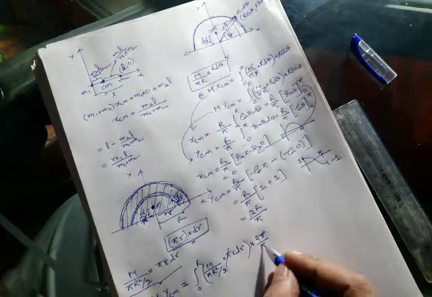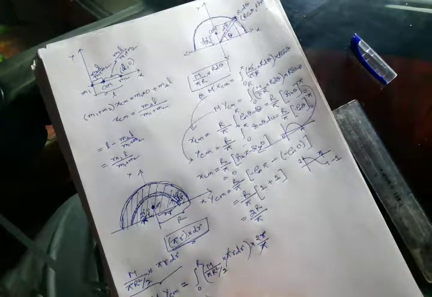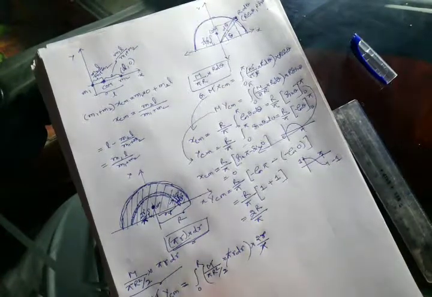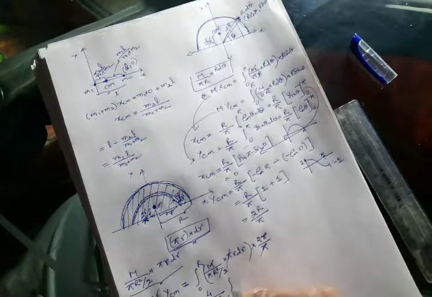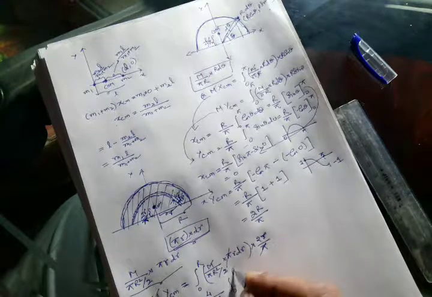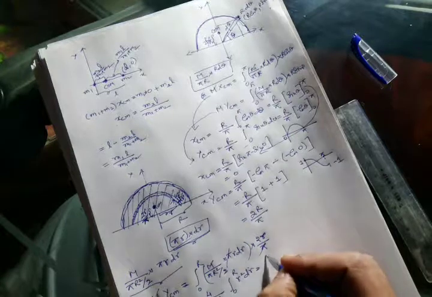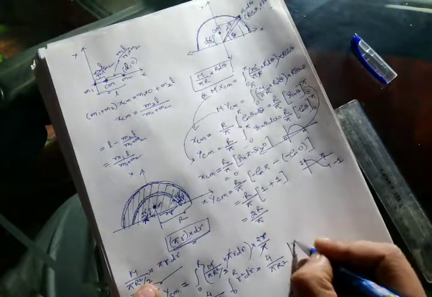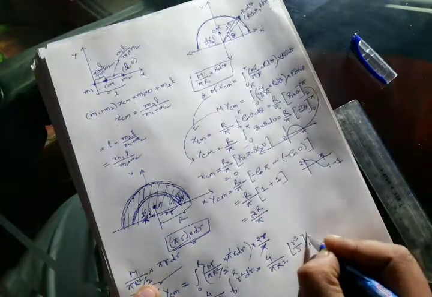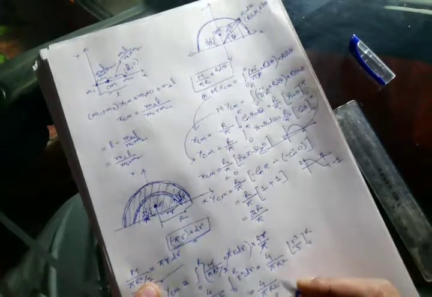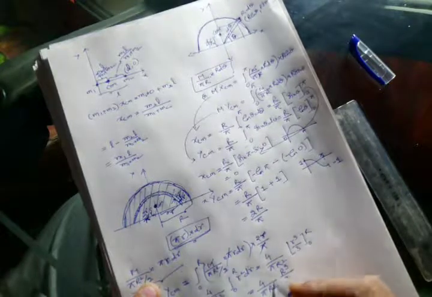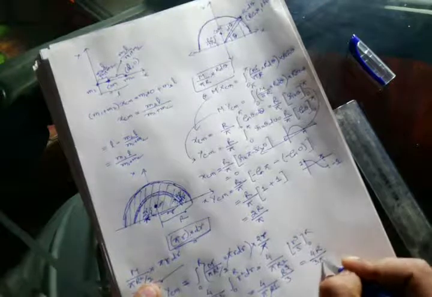Now I am going to calculate it. YCM will be 4 over pi r square, integration 0 to r of r square dr, that will be 4 over pi r square into r cube over 3 from 0 to r, that is 4r over 3 pi.